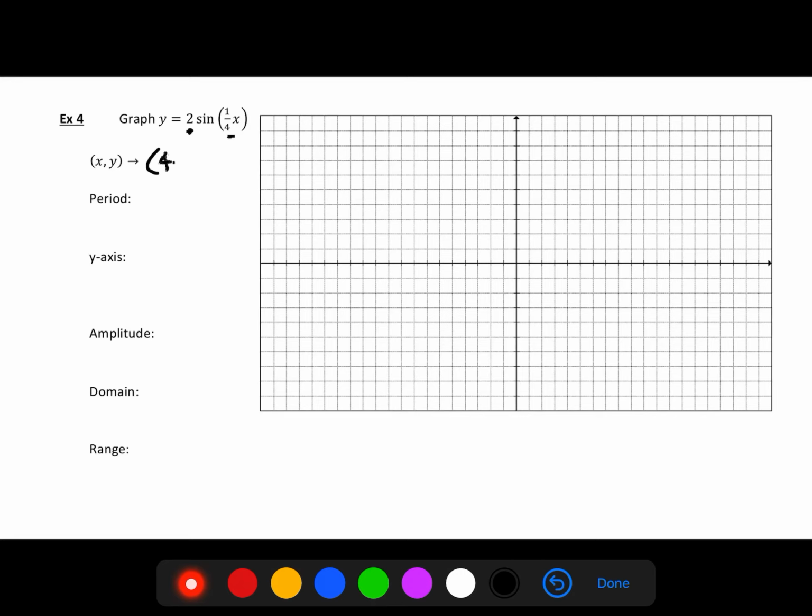So we're going to be multiplying our x values by 4, a stretch of 4, and we're also going to be multiplying our y values by 2.